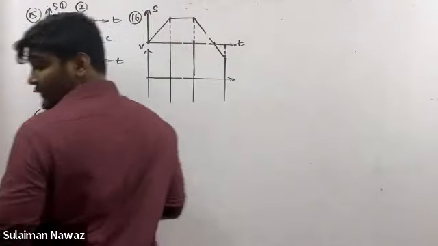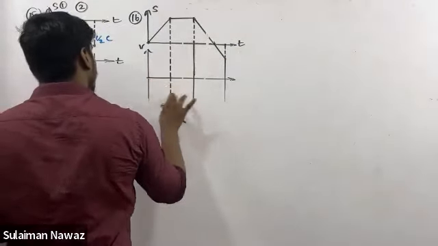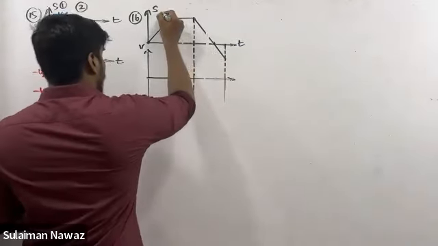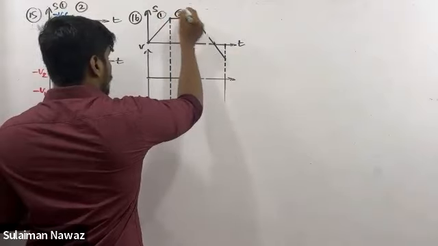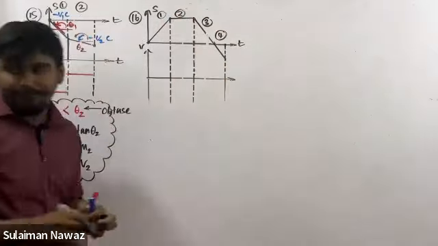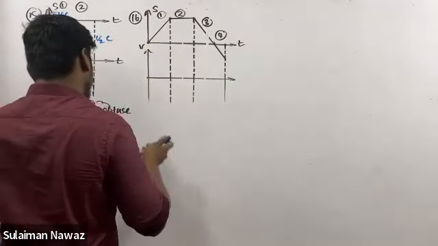If I divide into four sections: one, two, three. This part is four. So then I'm getting here, first one is acute angle, constant positive velocity.